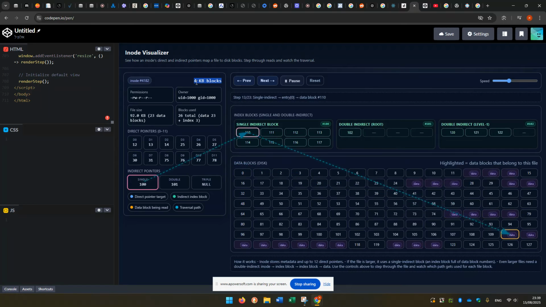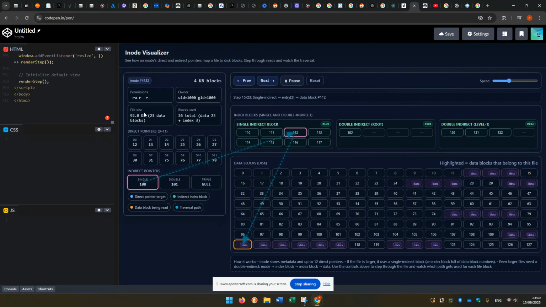So we need 23 blocks of data, because 23 times 4 gives me the file size, right?